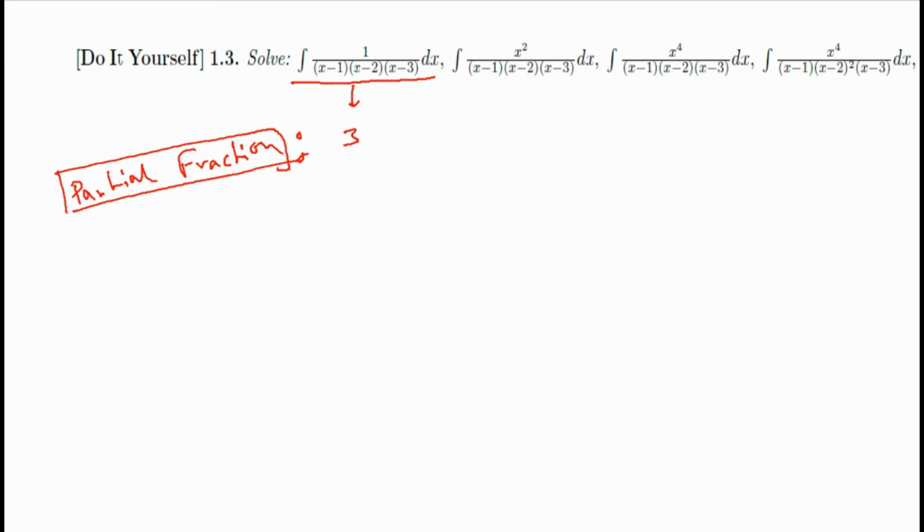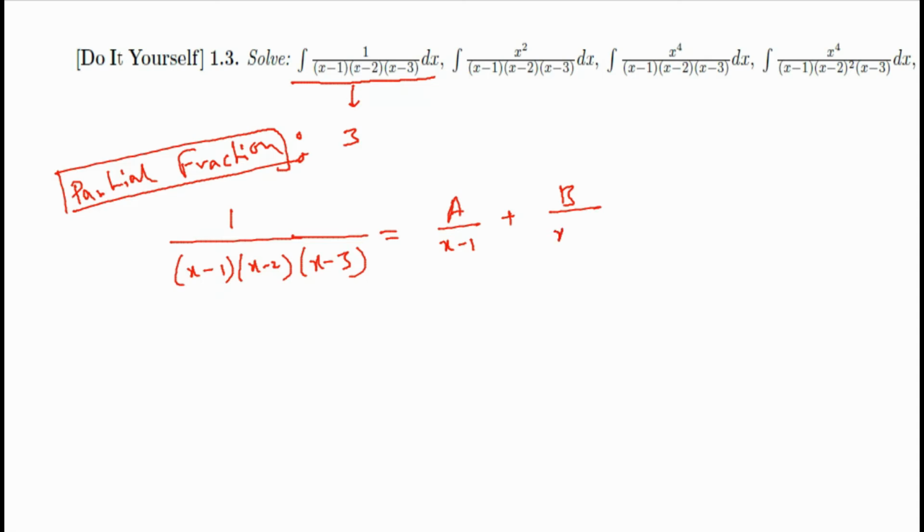Here we will start with, see, x minus 1 into x minus 2 into x minus 3. You can write it as a by x minus 1 plus b by x minus 2 plus c by x minus 3. Now just multiply both sides by x minus 1 into x minus 2 into x minus 3.